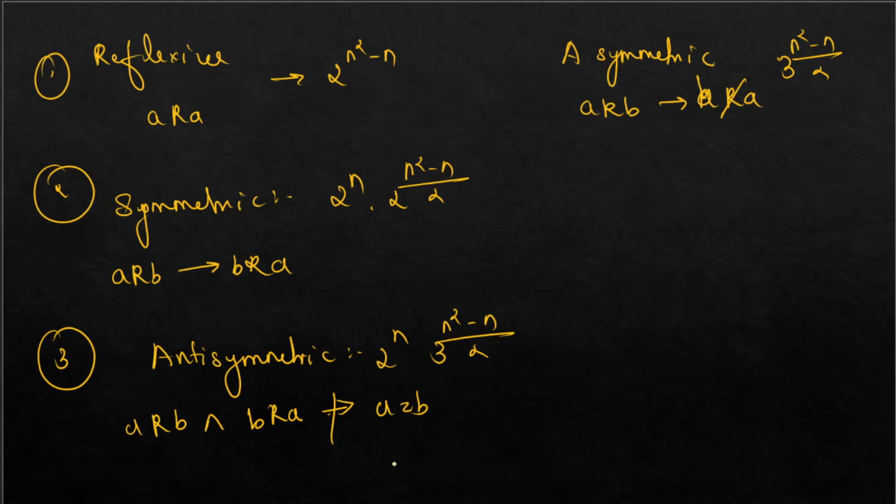Okay, now let's see the next one. First one is the sum of degree of v i is 2e. Okay, the sum of degrees of vertices is equal to 2e.